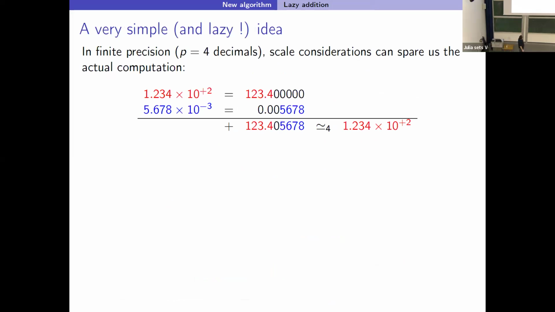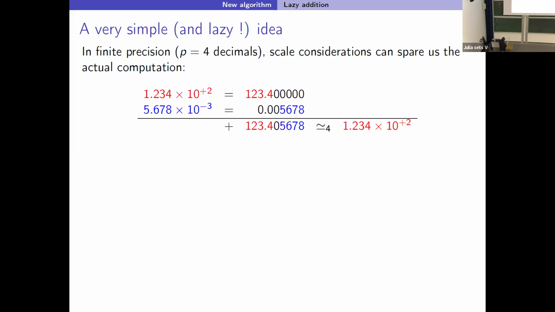Now I want to go back to primary school and tell you how to add numbers, but in a way that they never teach us, the lazy way. What does it mean? If you're in fixed precision, your numbers are given only with, let's say, 4 digits, and your result only has space for 4 digits.